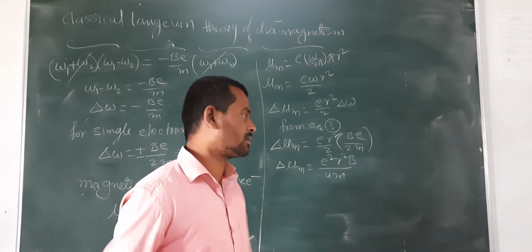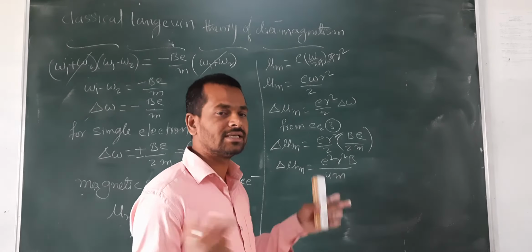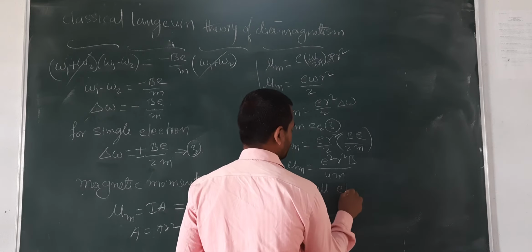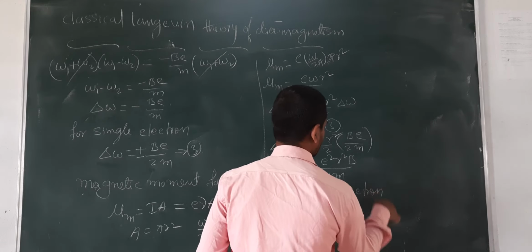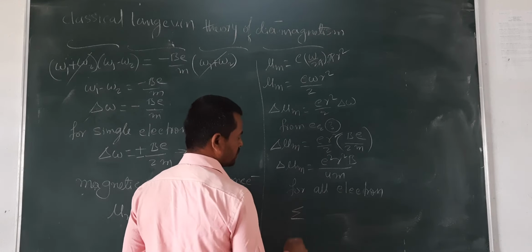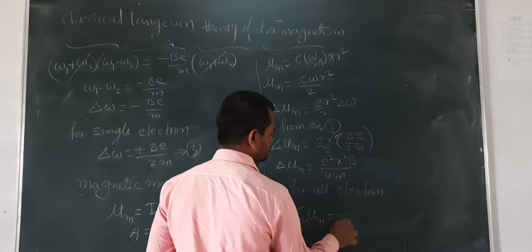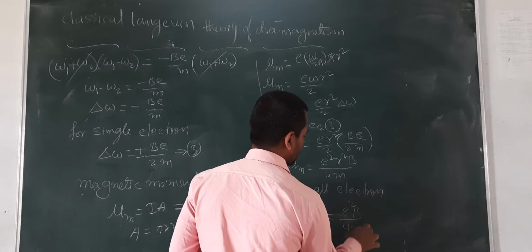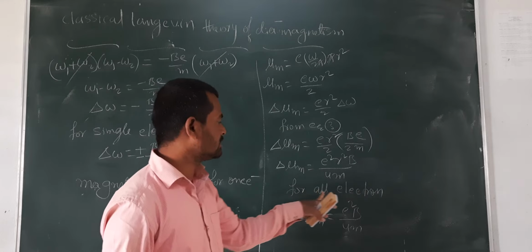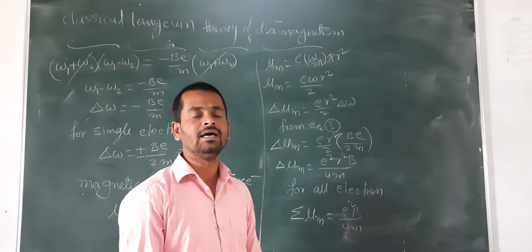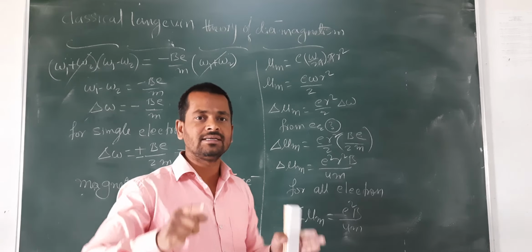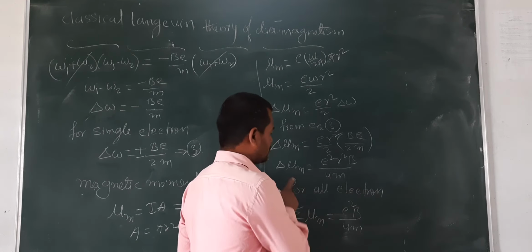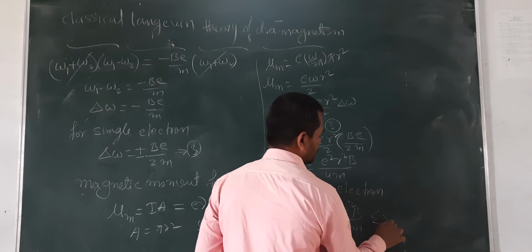For all the electrons, their magnetic moments can be written as summation mu m is equal to e square B by 4m, summation r square. Different electrons may have different orbits and their radii are also different. So that is why, how we are applying the summation on this side, the same summation we must apply on this side.